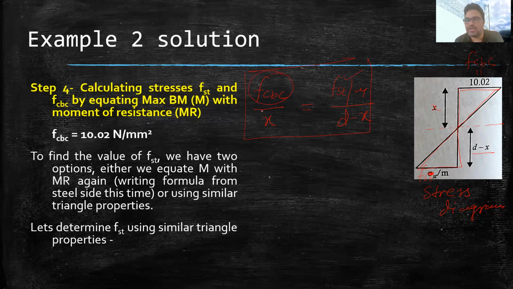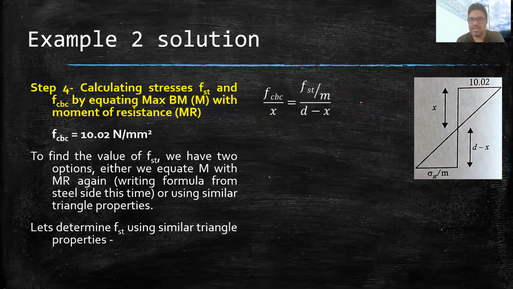FCBC we have already calculated, M we already know, D and X we already know, only the unknown value here will be FST. So from this relation also we can find out the value of FST.